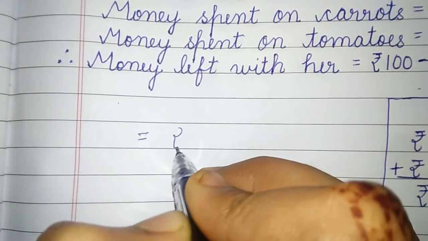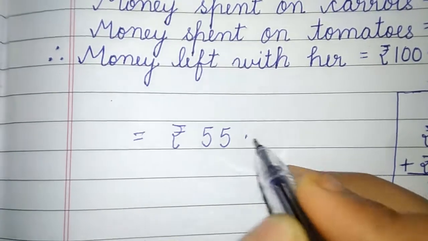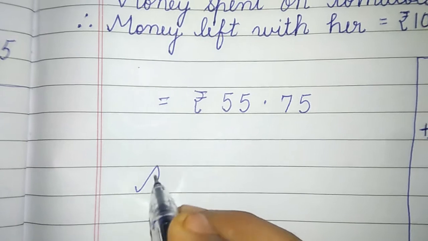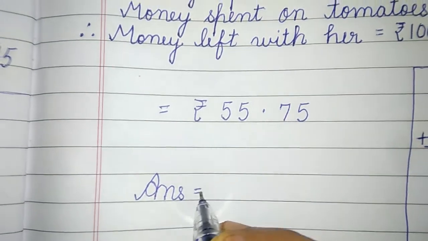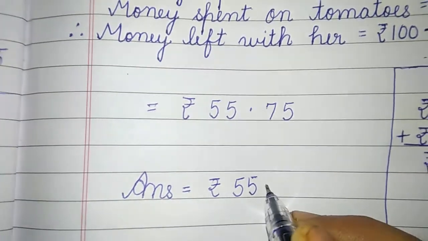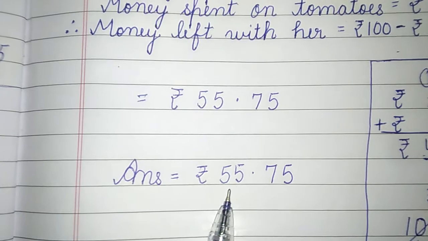Write here the answer: rupees 55.75. 55.75 money is left with her. Rupees 55.75 is left with her. Clear?